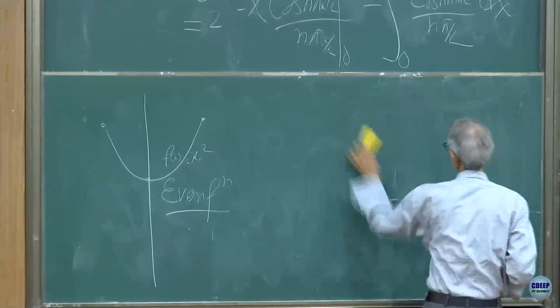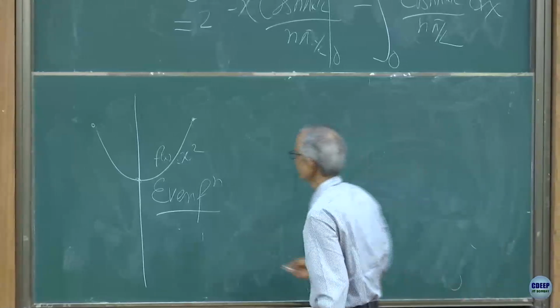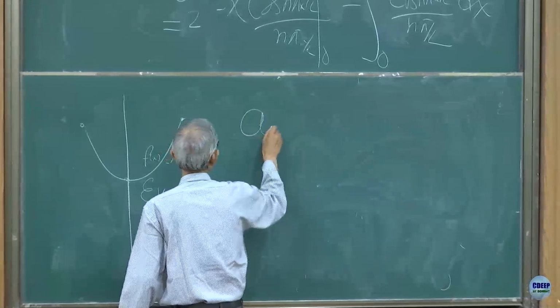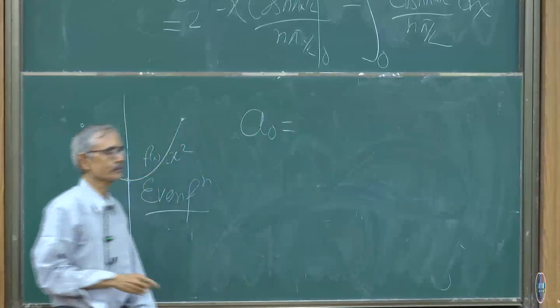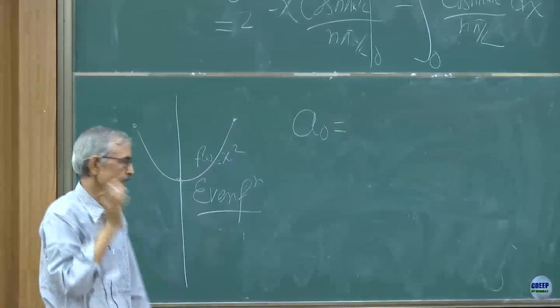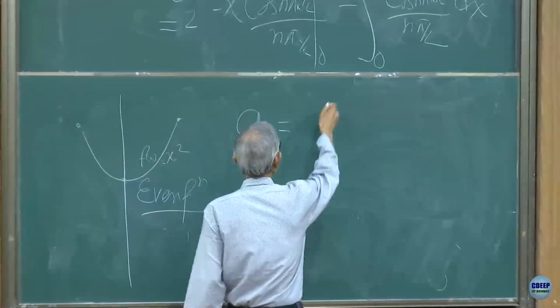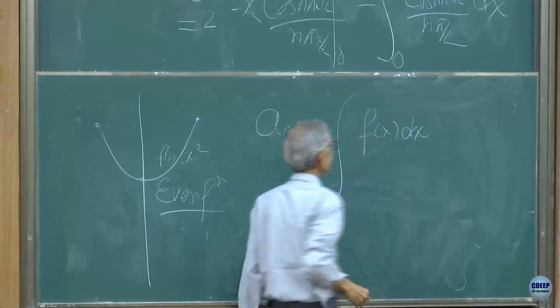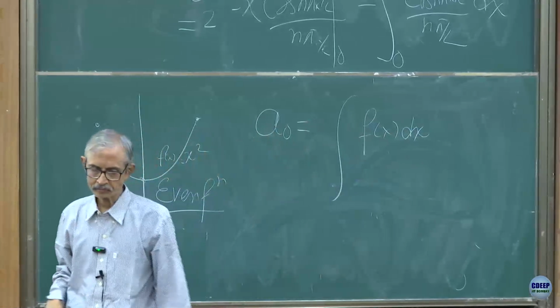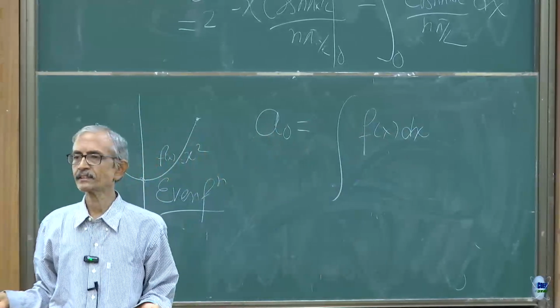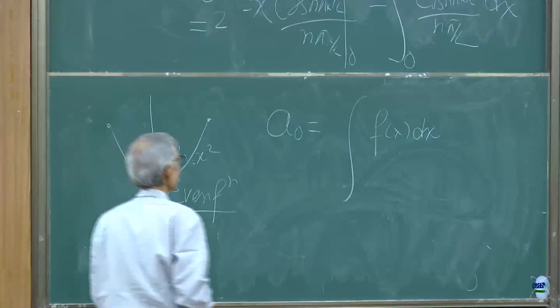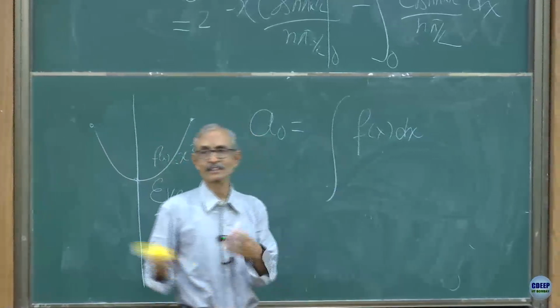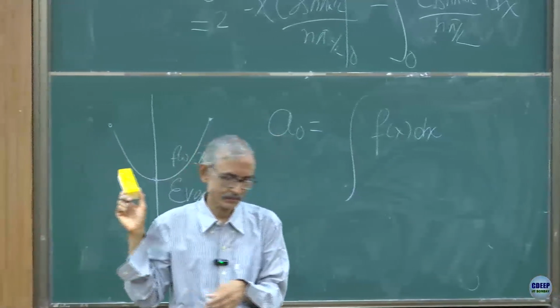Now we don't want to write that again. It's only the An's that I need to worry about, which means the A naught also is going to exist. So A naught is going to be the integral of f(x) dx, and you can either write it as f(x) dx, or like he was pointing out, you have the 1 by root 2. I've corrected the slide there.